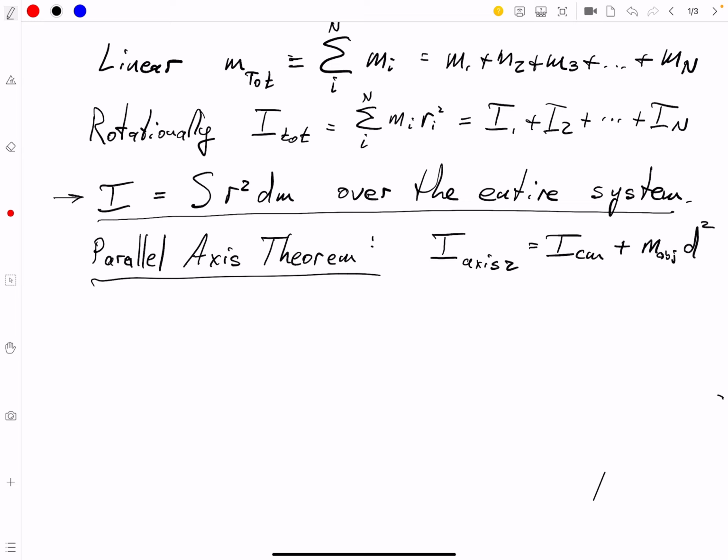So we used a thin rod. And we had a center of mass rotating about it. And the I for it at the center of mass is, what is it? 1/12.